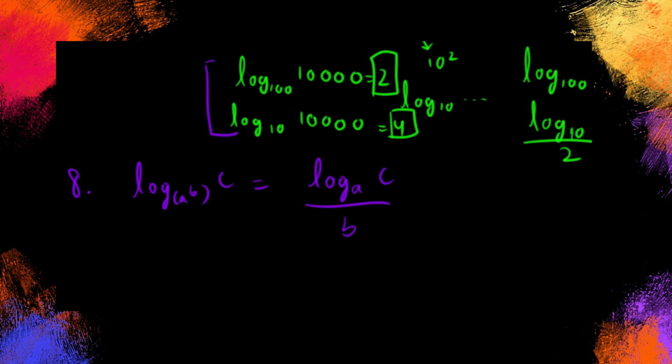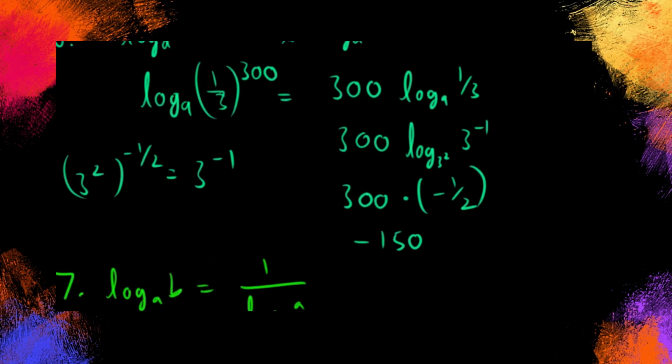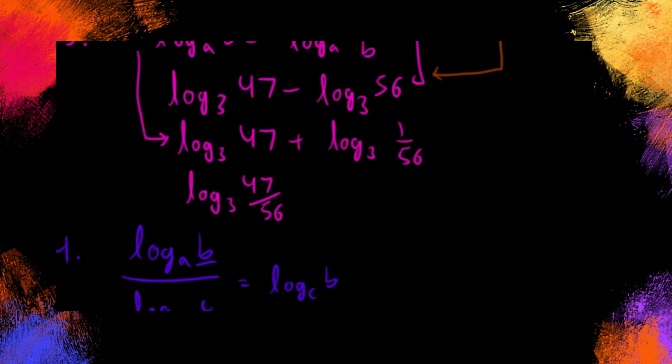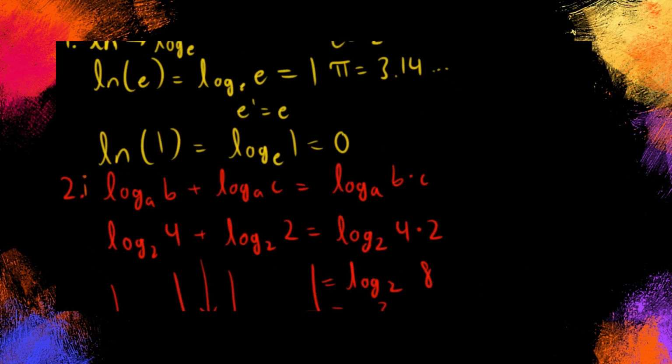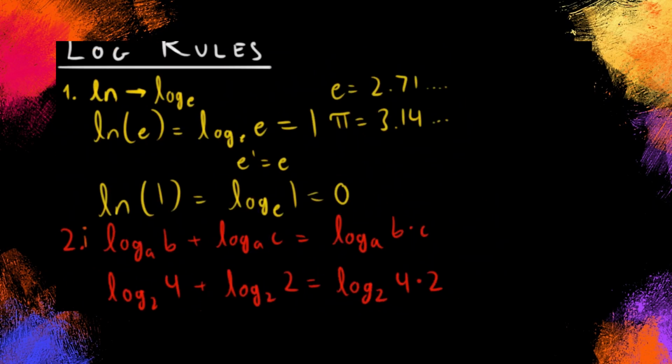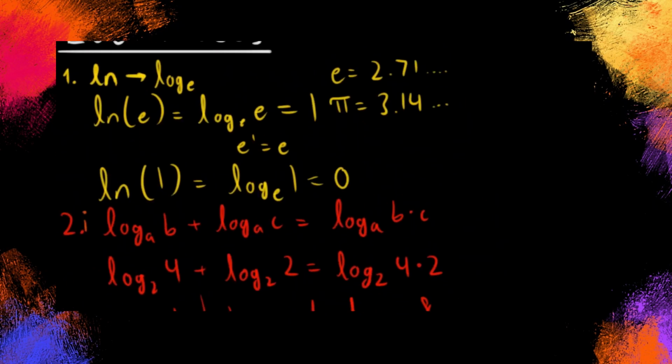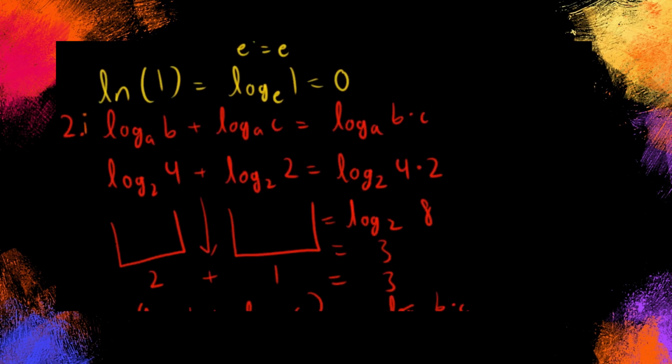Alright, so this should be a pretty comprehensive list, so let's go over a recap of all of these rules again. Okay. So the first one, of course, is that ln, the natural log, is written this way, ln, and it's implicitly just log base e. The second rule is the product rule.